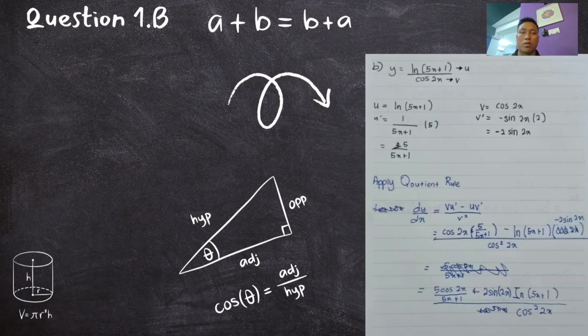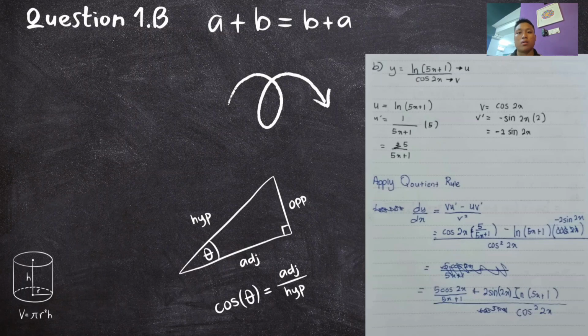And then we apply the product rule and quotient rule, which results in cos 2x multiplied by 5 over (5x plus 1), minus ln(5x plus 1) multiplied by negative 2 sine 2x, over cos squared 2x.